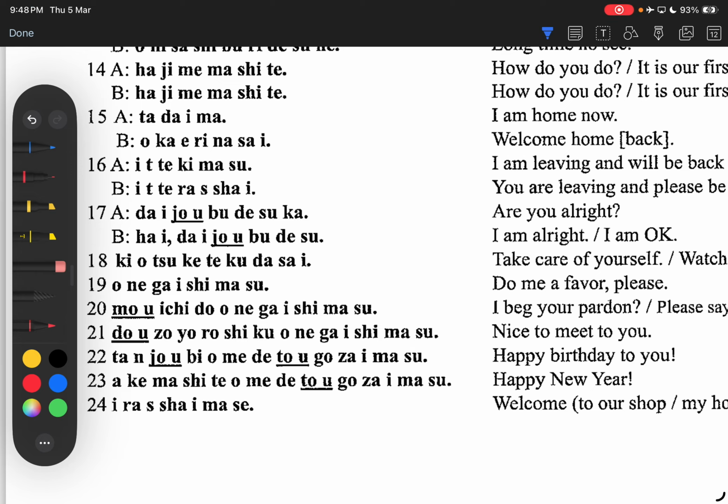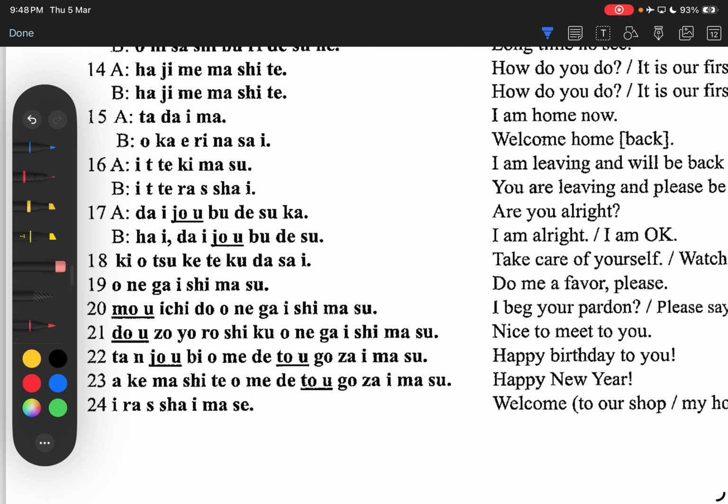So we cannot say mo aimasho. Mo aimasho is wrong. Because this mo is only used in this mo ichido. Right? Ichido means one time. One time is an adverb. I will talk more about what is adverb as well as what is adjective when we learn them in E1 lah. We will learn adverbs, adjective, noun, verbs in the whole E1. So don't worry.